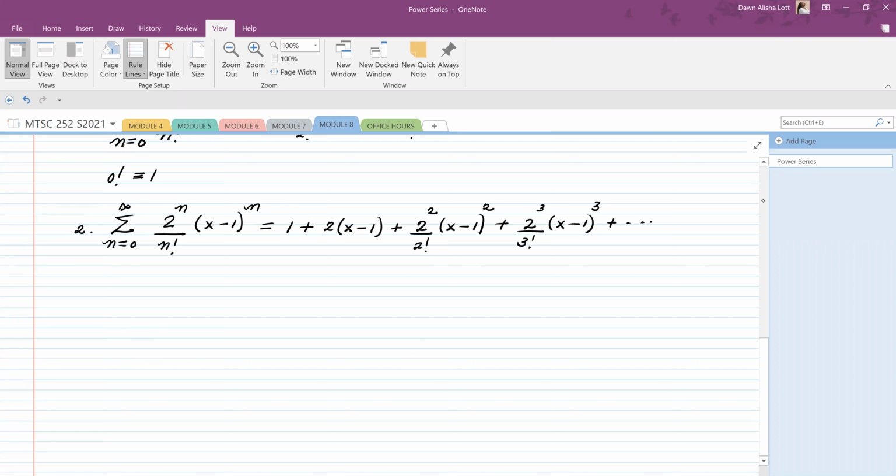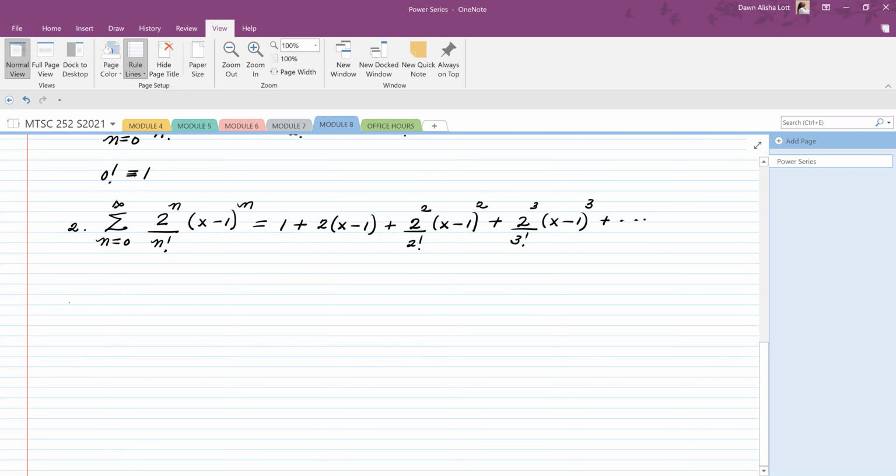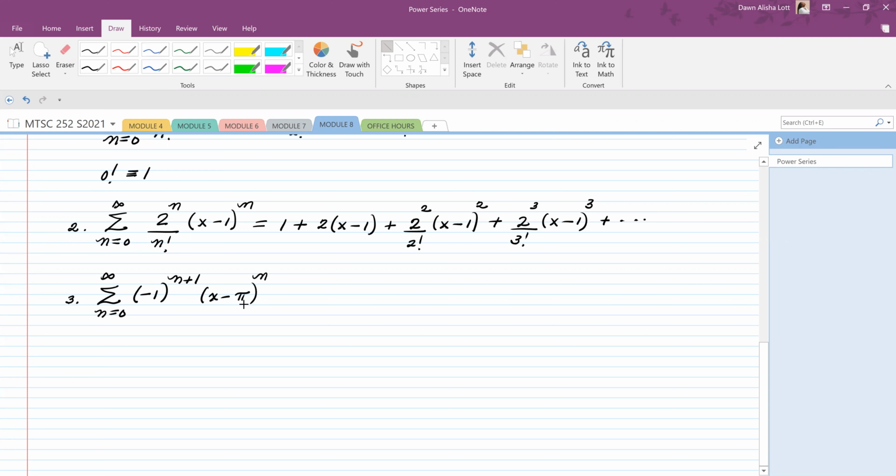Okay, they can get even more difficult. You can have the sum n equals 0 to infinity of minus 1 to the n plus 1 x minus pi to the n over 2n plus 1 factorial.